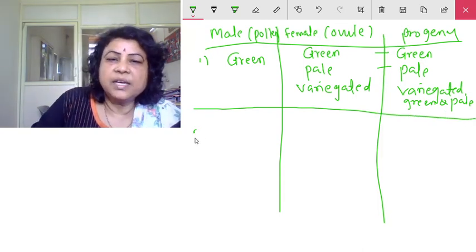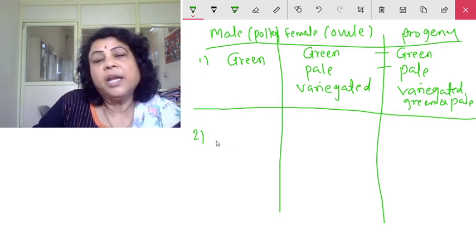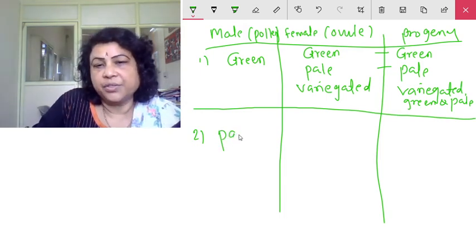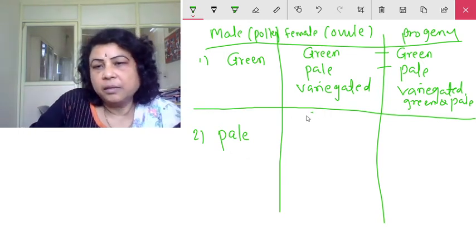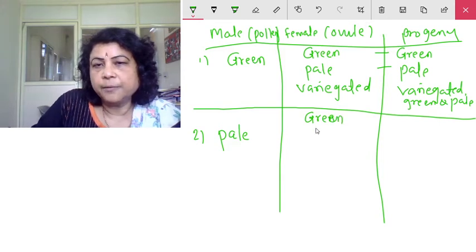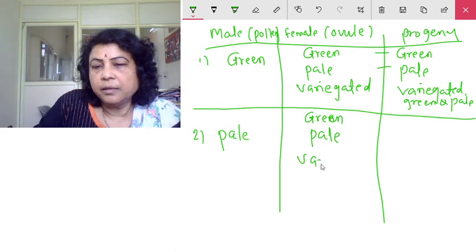In the second case, the pollen grains are from the pale branch, and the ovule is from the green branch, pale branch, and variegated branch.